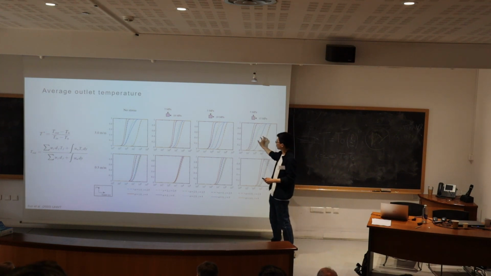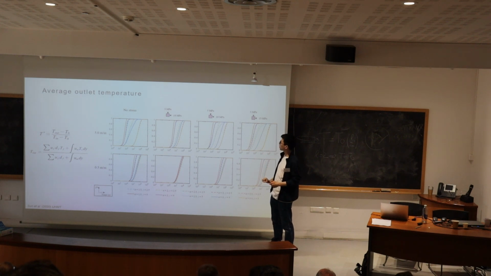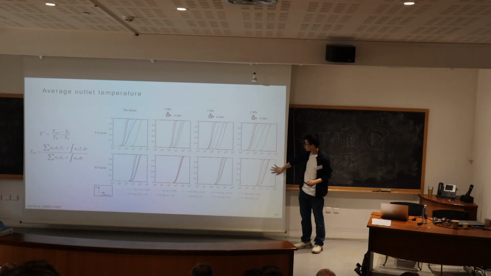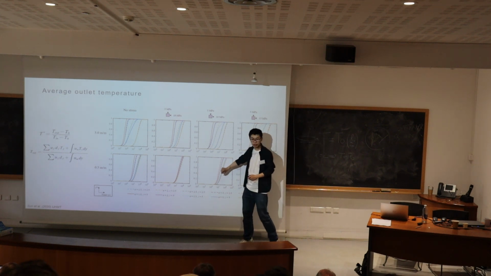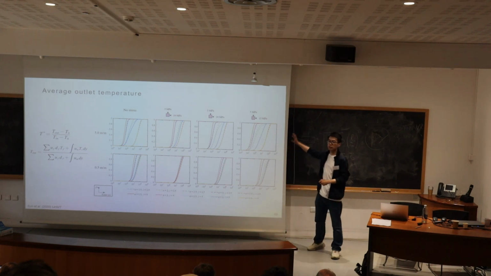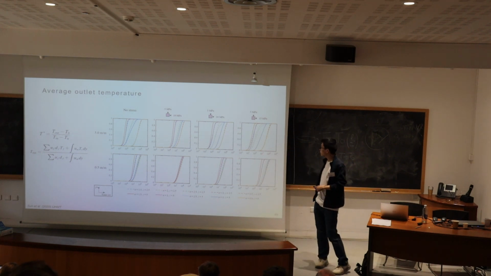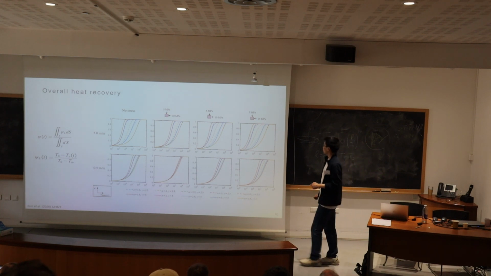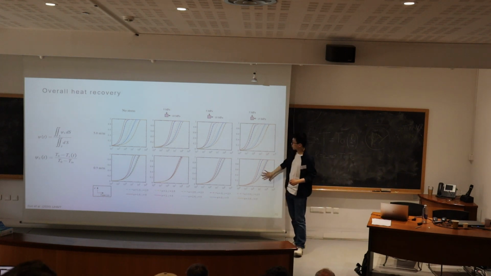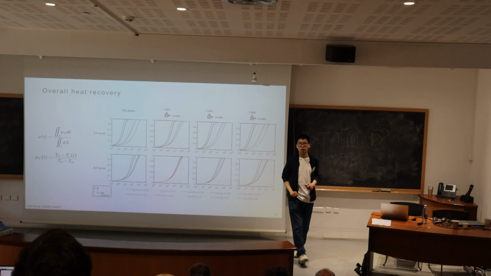So that's why you have this diverse behavior of the outlet temperature evolution. But for the low hydraulic gradient, it's more collapsed together, so we see quite a different regime. And the overall recovery follows similar behavior to what we have shown for the outlet temperature.